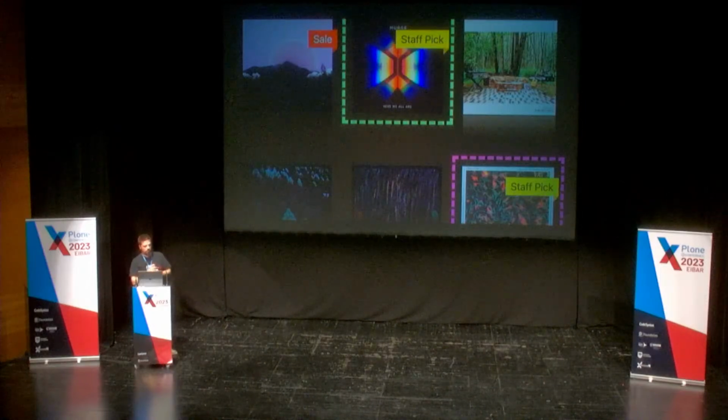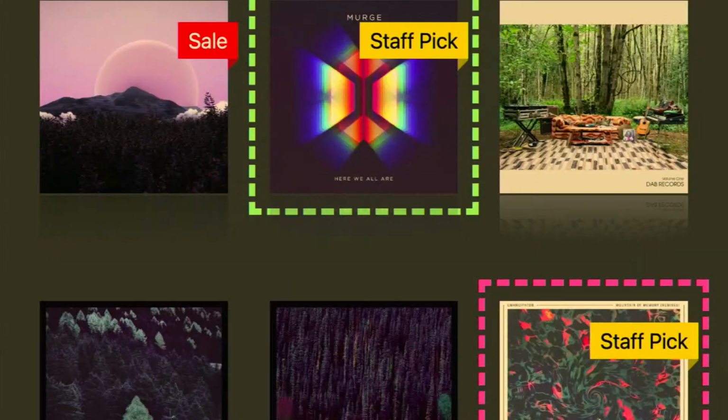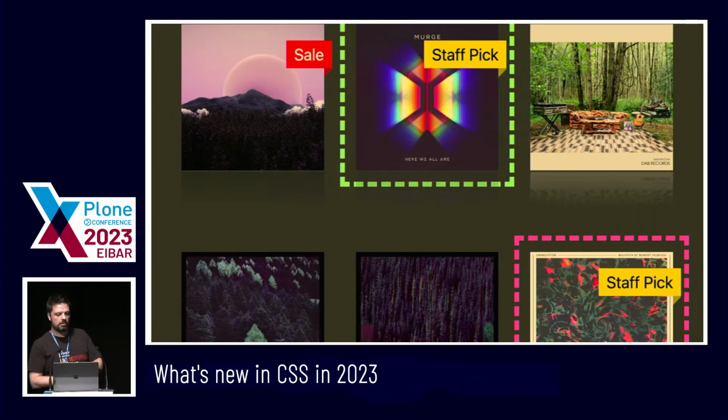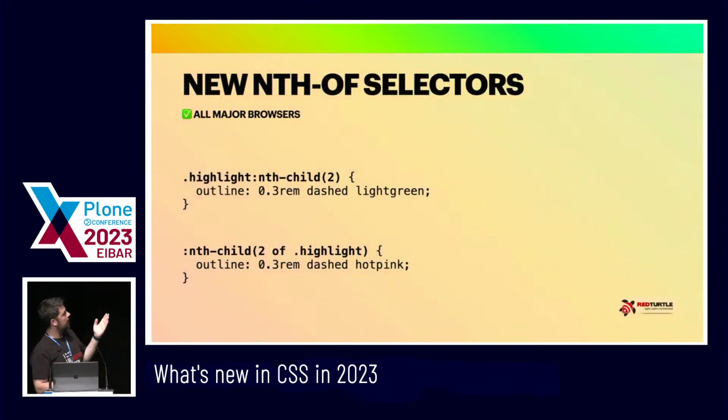But what do we want to do? We want to show the difference of the nth child. The second child would be the green one, so the second one from the top. While if you select with this new addition, you can select the second highlighted child of this list of items. And that's as simple as that.